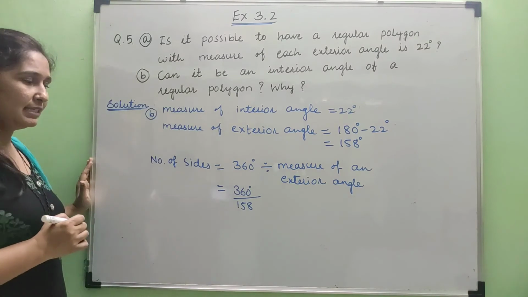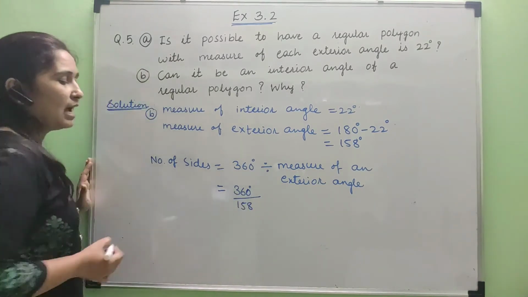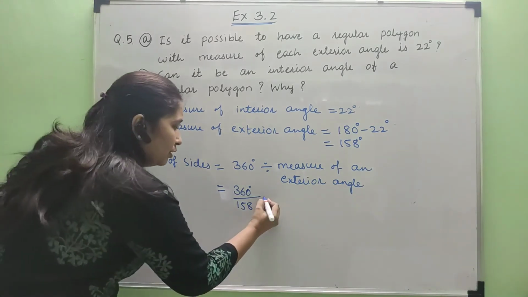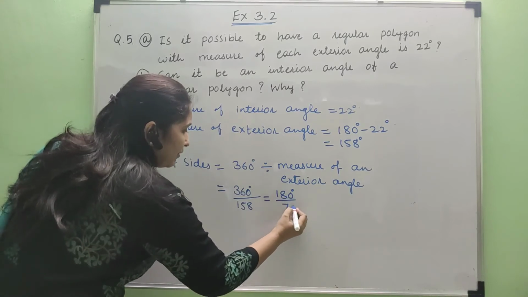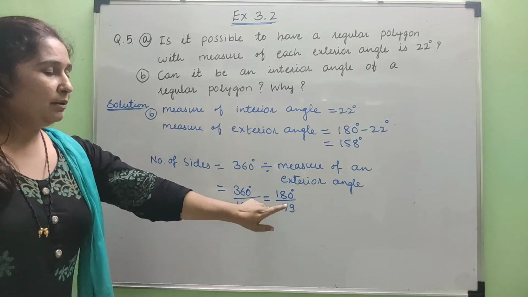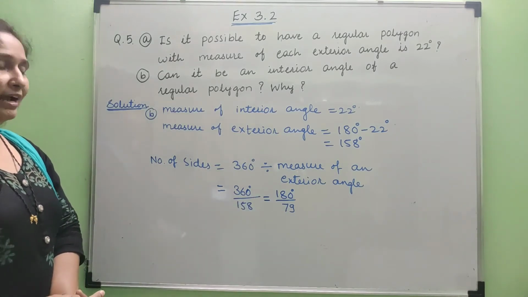We are dividing 360 by 158. Both are multiples of 2, so divide both numbers by 2. We will get 180 by 79. 180 by 79 is not a whole number. We are getting a fraction.